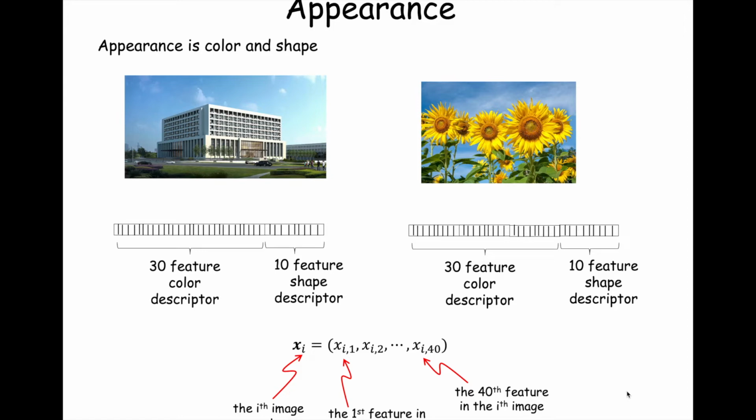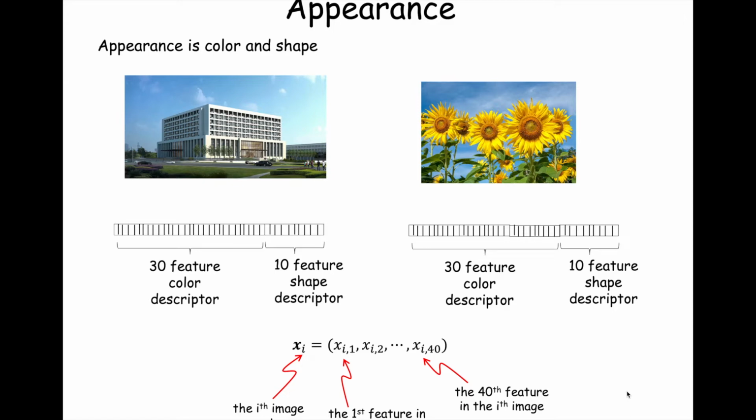So here we have x sub i comma 1, x sub i comma 2. Well, x sub i comma 1 represents the first feature for the ith image, right, or the first coordinate associated with the ith image. Likewise, x sub i comma 2 would represent the second feature or the second coordinate.